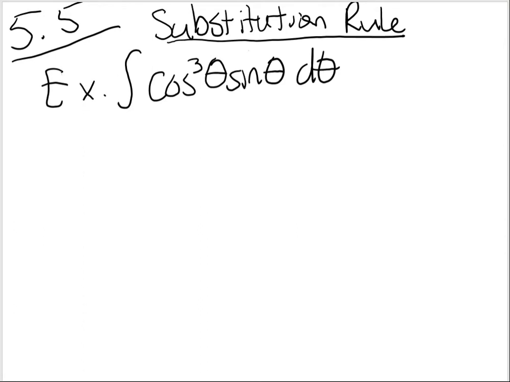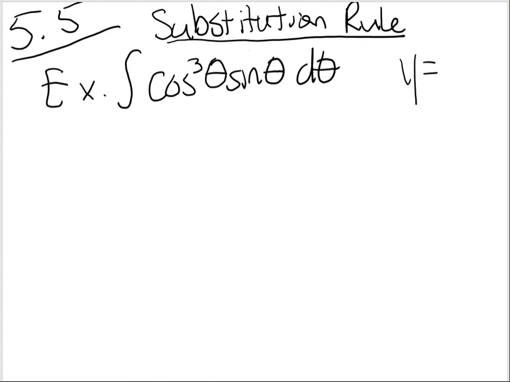So I want to think, what are the potential things I have that I can make my u? Or, this time I won't call it u, let's call it y. What can I make my y?